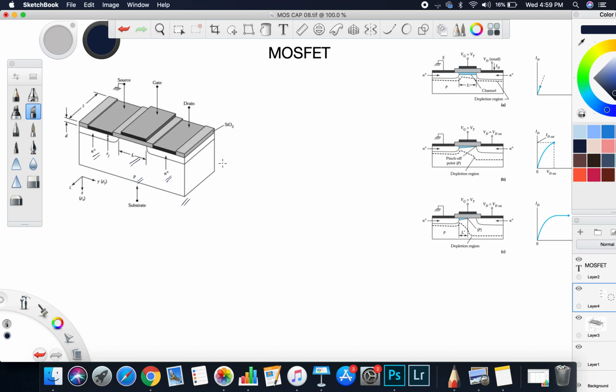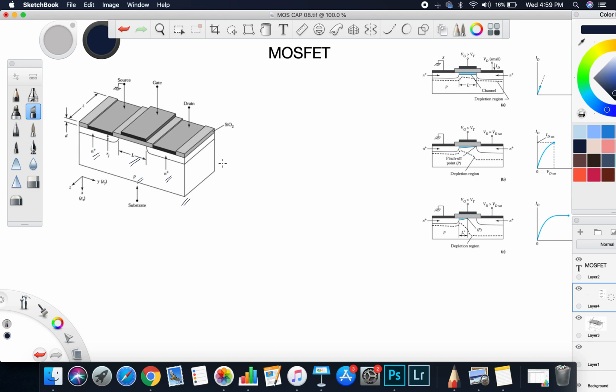Note that the central section of the device corresponds to the MOS capacitor. That's why we discussed MOS capacitor prior to MOSFET. Now, if you take a look at the history, the first MOSFET was fabricated in 1960 using a thermally oxidized silicon substrate.